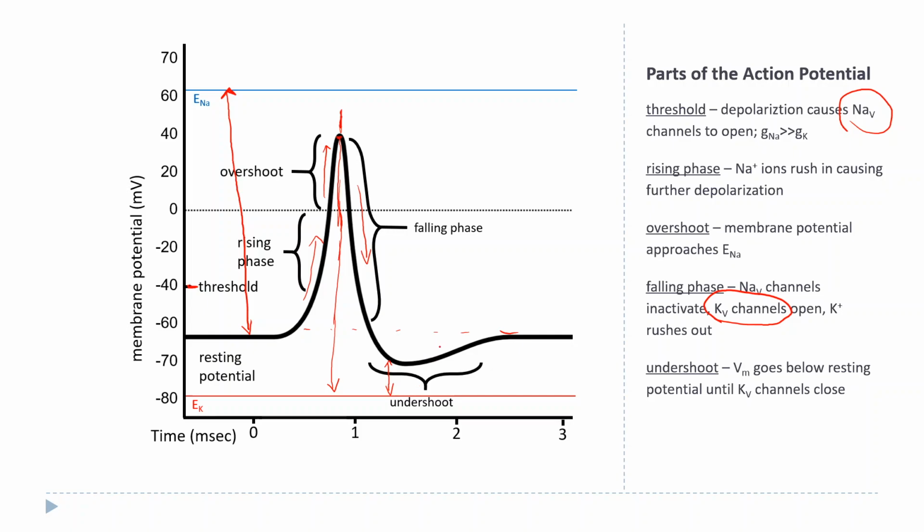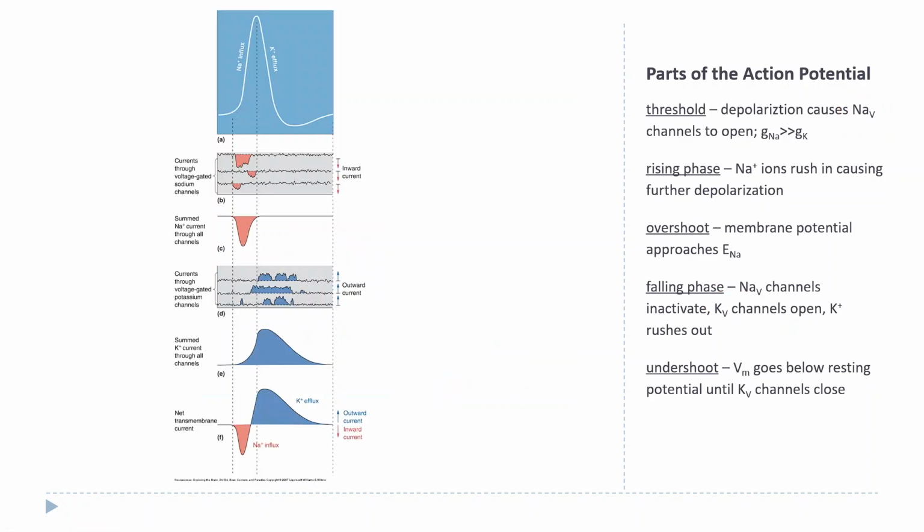And as they close, the membrane potential relatively gradually drifts back toward the resting potential. I say relatively because, again, this whole thing took about 2 milliseconds. So from the moment that you cross threshold to the moment that you get back to rest, you're talking about maybe 1.5 milliseconds. So it's a very, very short process.